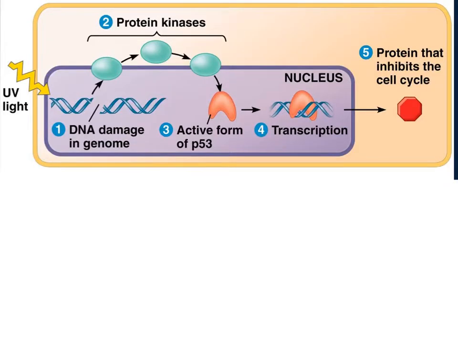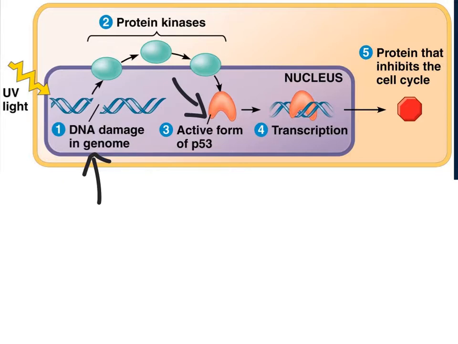So let's look at P53 as an example. You can see in this case, pretty often, well, not super often, but often, we'll get DNA damage. And if you have damaged DNA, obviously you do not want to replicate that cell. So DNA damage will basically kick off a protein kinase phosphorylation chain that will activate this protein called P53.